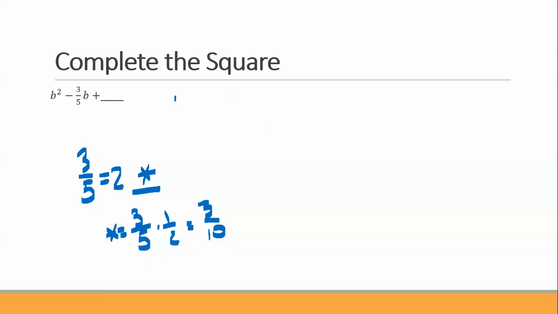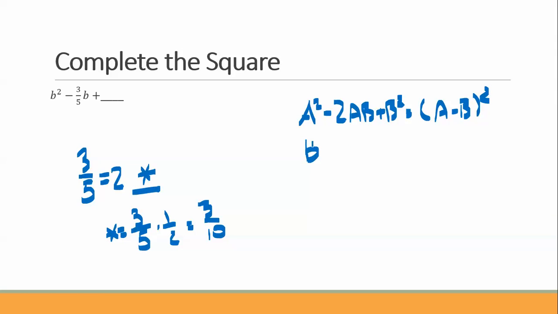That means in our formula, a squared minus 2ab plus b squared equals a minus b squared. Writing everything down, we have b squared minus 2 times little b times 3/10 plus 3/10 squared.